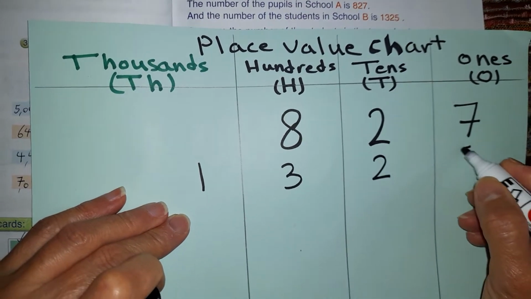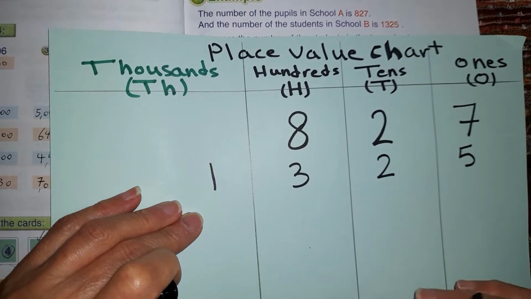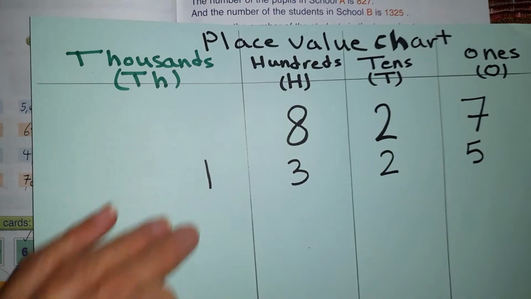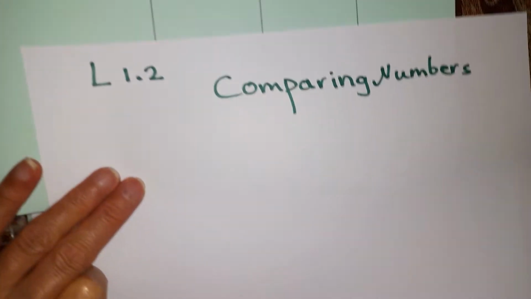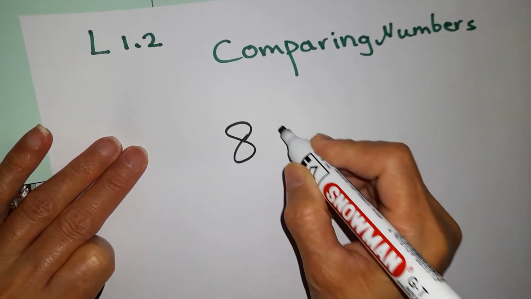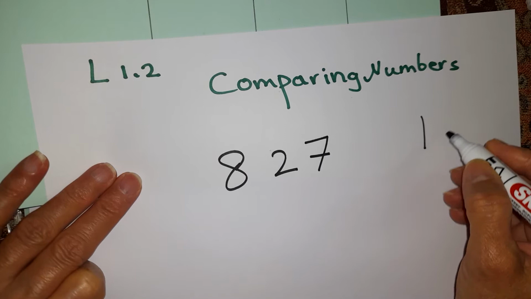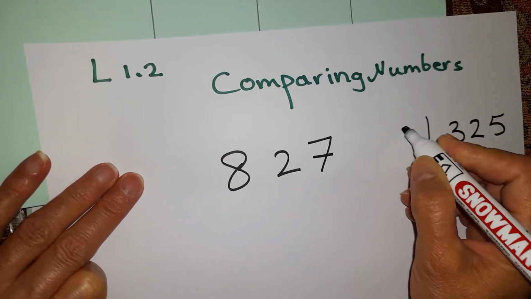1325. If I compare between the two numbers, 827 and the other number, school B, 1325, I need to compare.